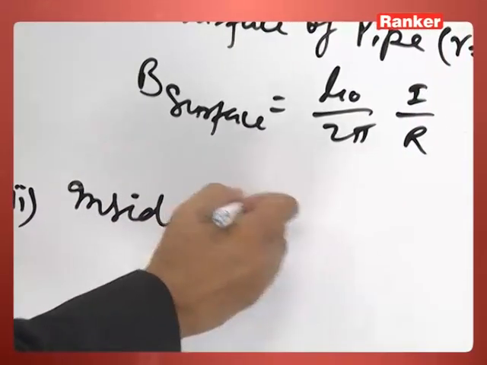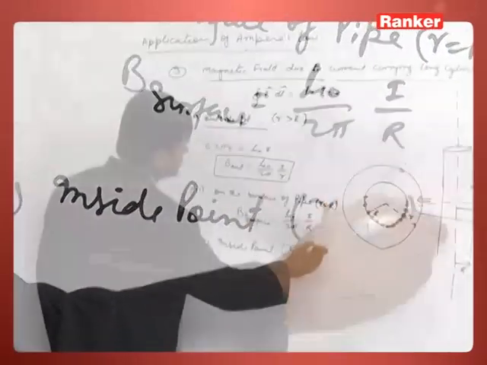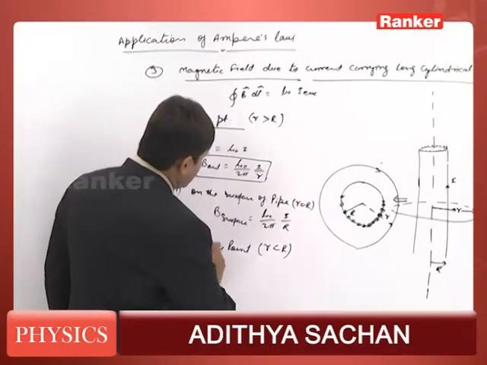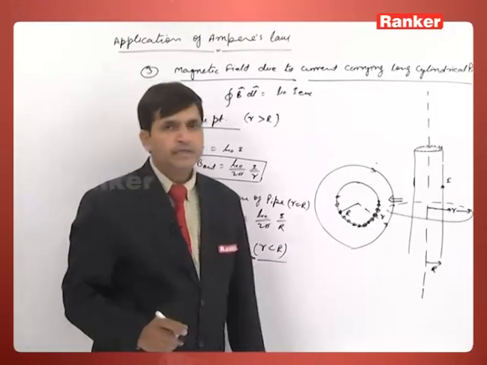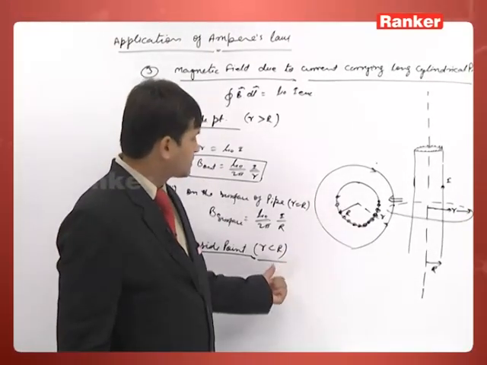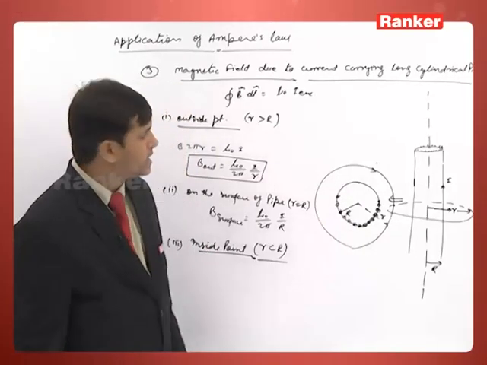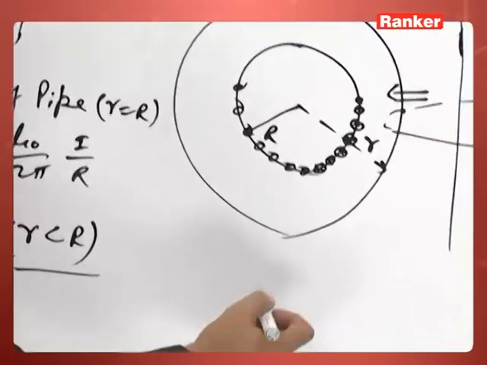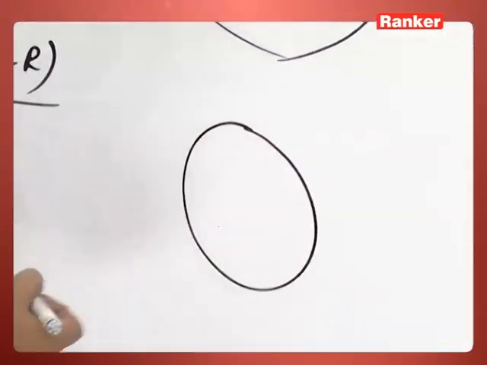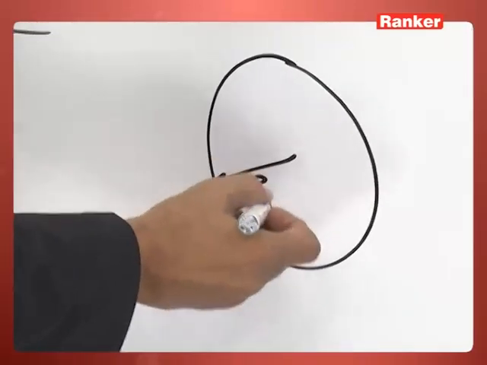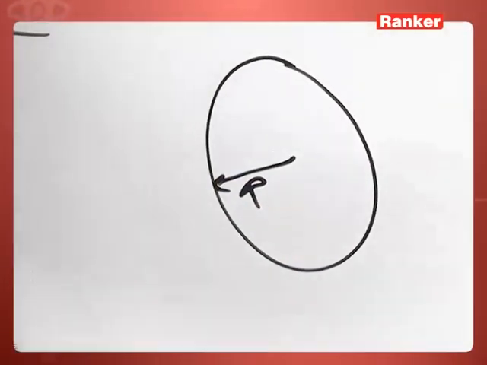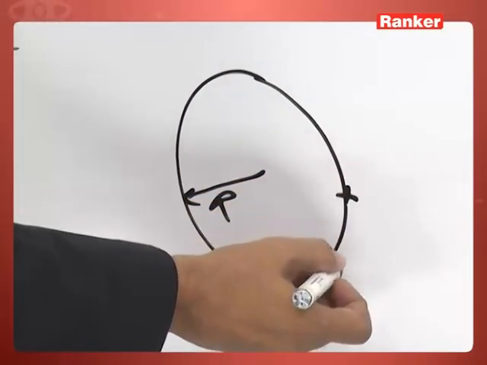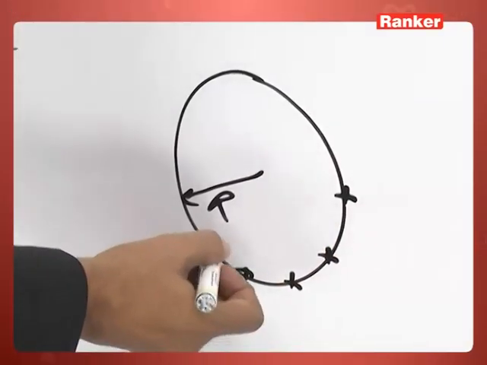Inside point means small r is less than capital R. Now for the field at an inside point, the main important point is this. If we make an Amperian loop, this is the cross section of our conductor and the current is considered inward.